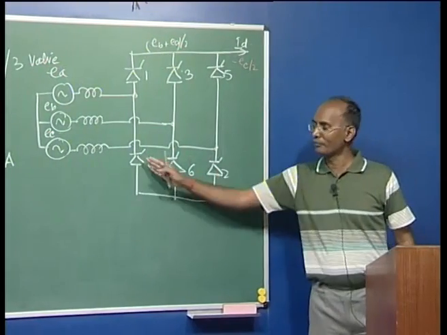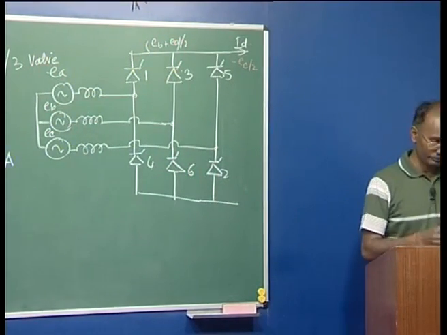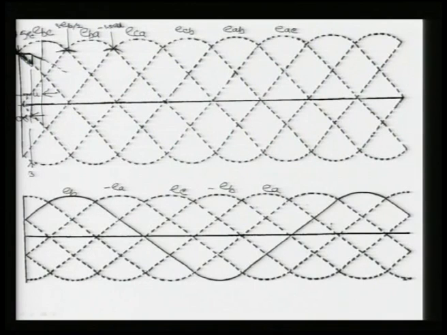Once it is coming here, what will be the voltage here? So, another pulse it is getting here, 4th valve is fired.